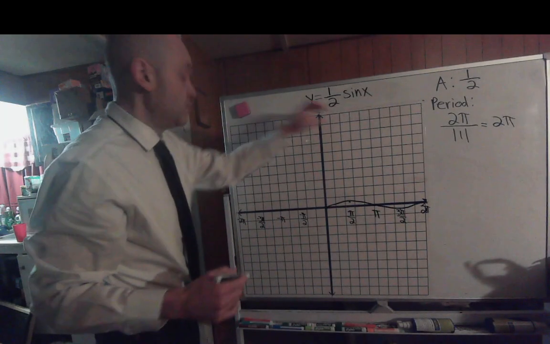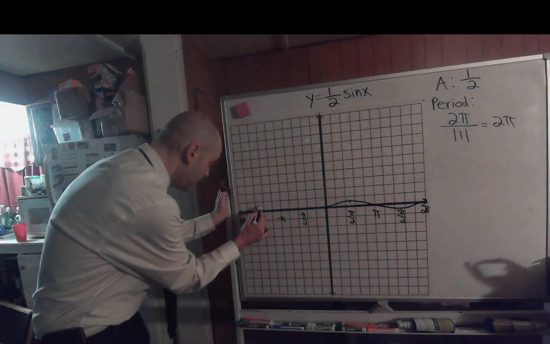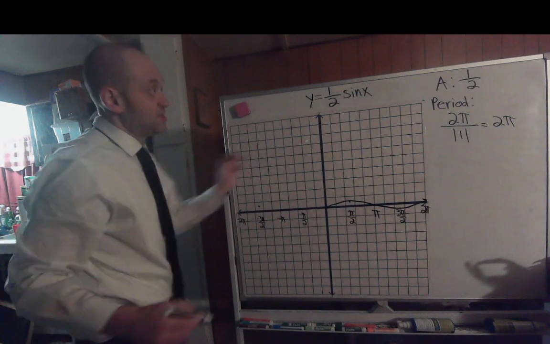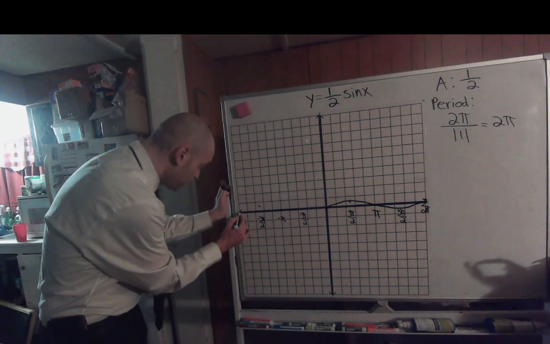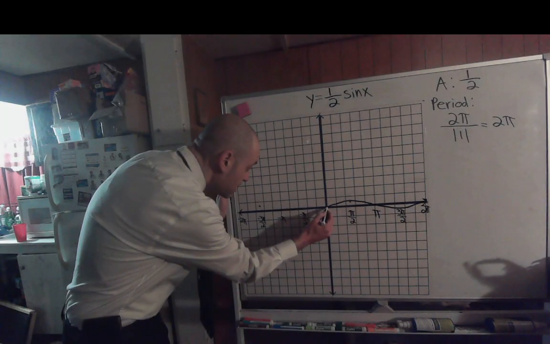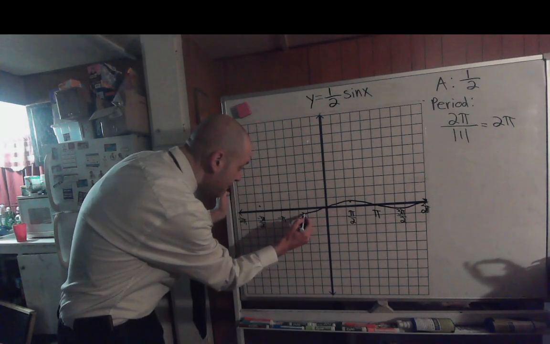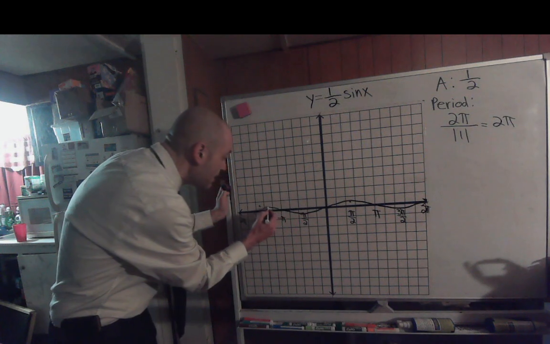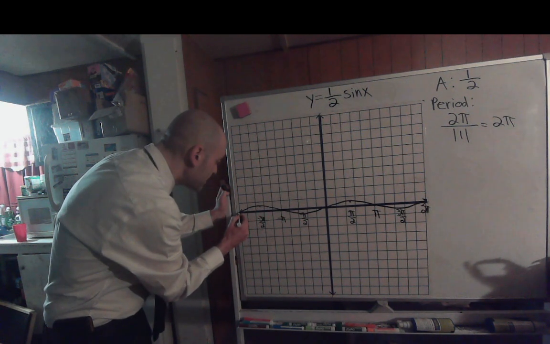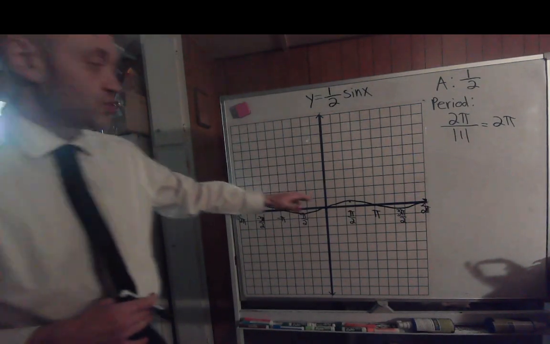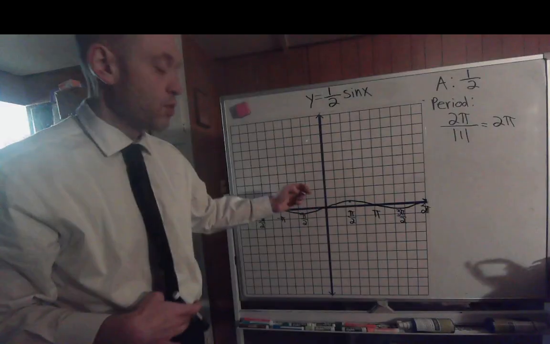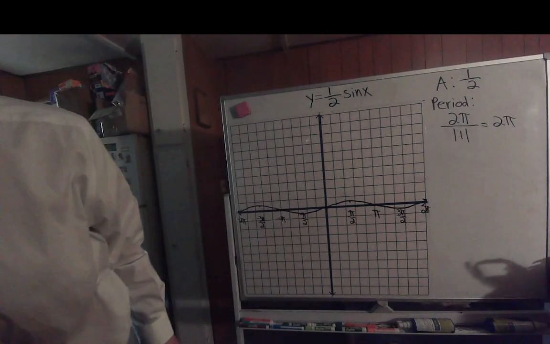That's positive 1 times a half is, well, a half. And then the sine of negative 2 pi is 0. Half of 0 is 0. So, as you see, this graph has really shrunk vertically. It's more horizontally stretched.